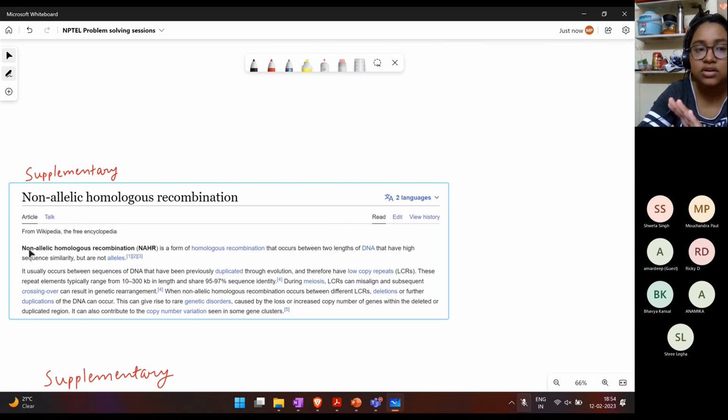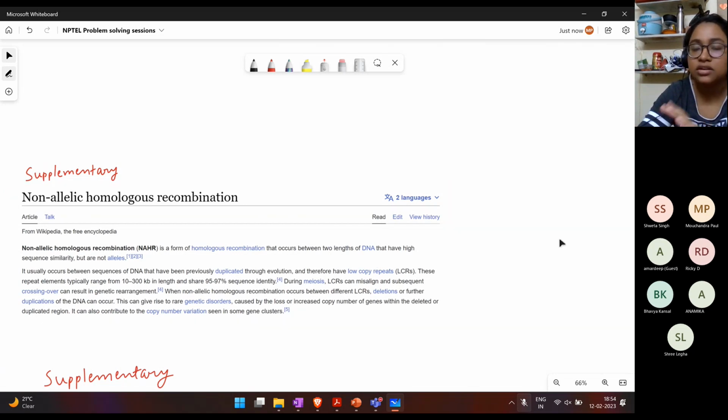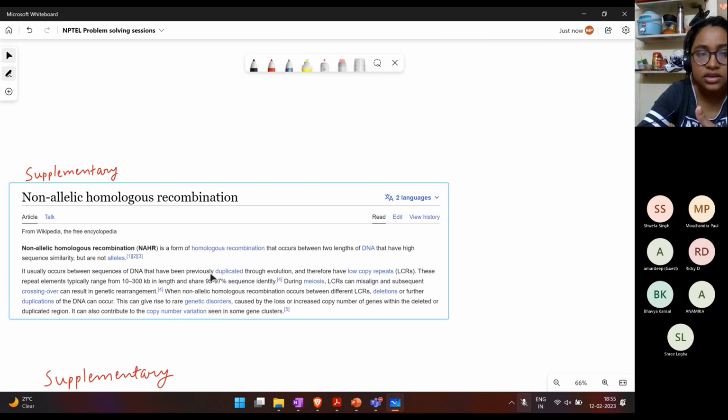Because of this non-allelic recombination, often the DNA sequence gets deleted from one of the homologous chromosomes, or it often gets added. Like duplication is also happening. So you can see here, it duplicates. Or the copy number gets changed.